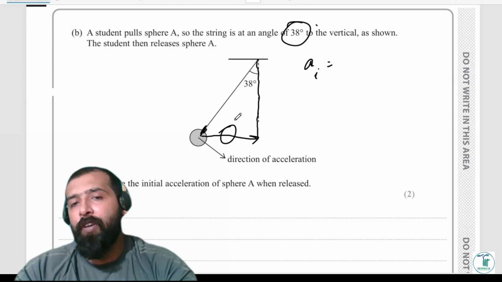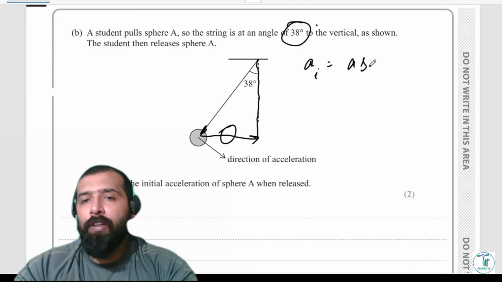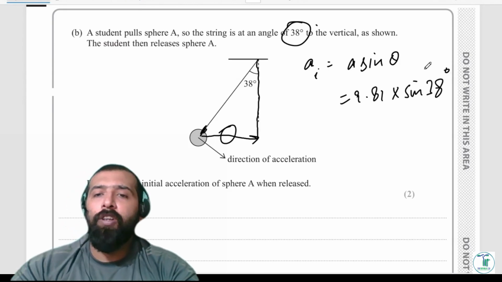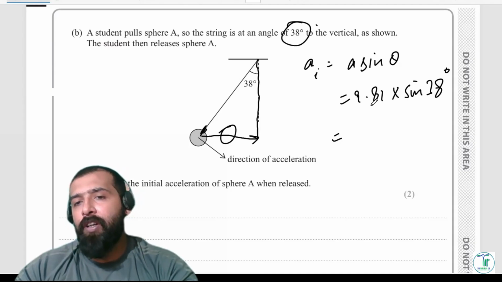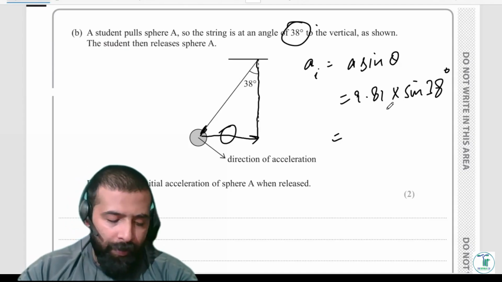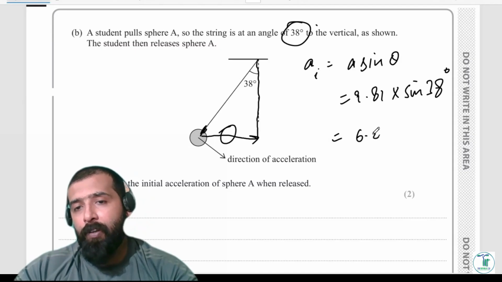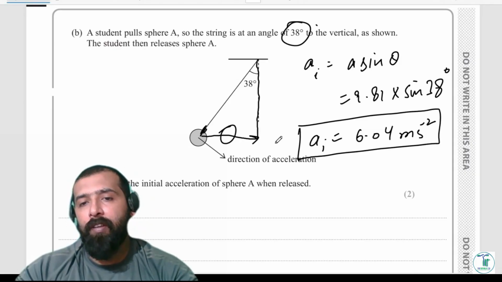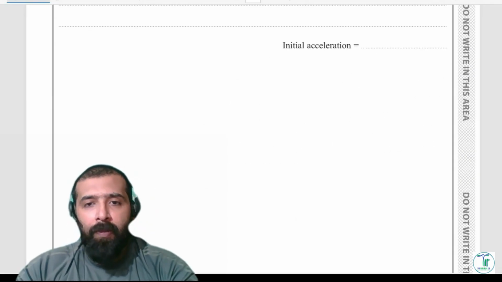This is the opposite side of 38°, right? So you just need to use sine theta. You've got 9.81 times sine 38. You just need to work this out. So 9.81 times sine 38 would be something like 6.04 meters per second squared. That has to be this type of acceleration, right?